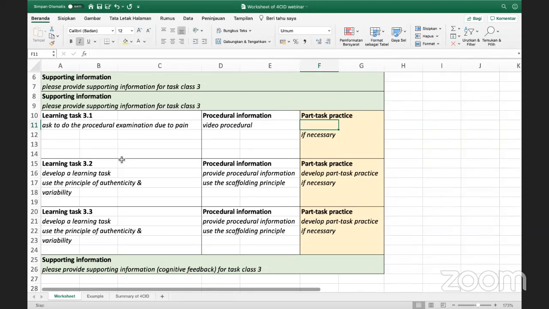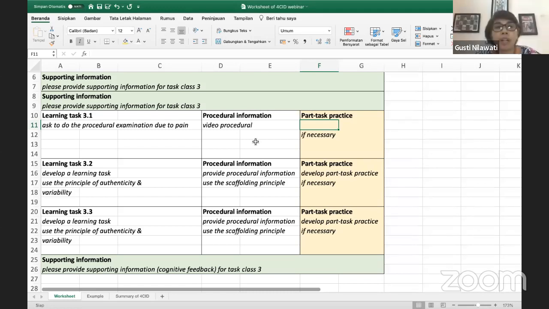So we asked to do the procedural examination due to the pain, and for the procedural information, we do the video procedural. I think that's all for my group. Thank you.